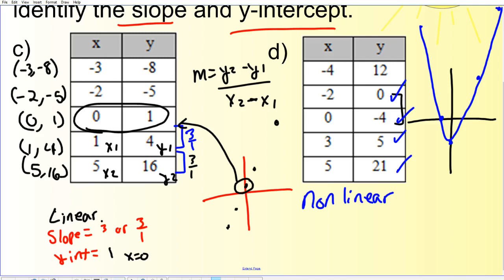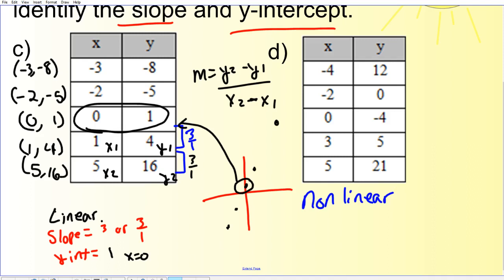Now, what if you didn't make a sketch? Well, then you have to go back and find slopes at places. Very quickly, I'm going to find the slope of here, and then the slope of here. So I'm going to use this as x1, y1, x2, y2, and then in red, x1, y1, x2, y2.